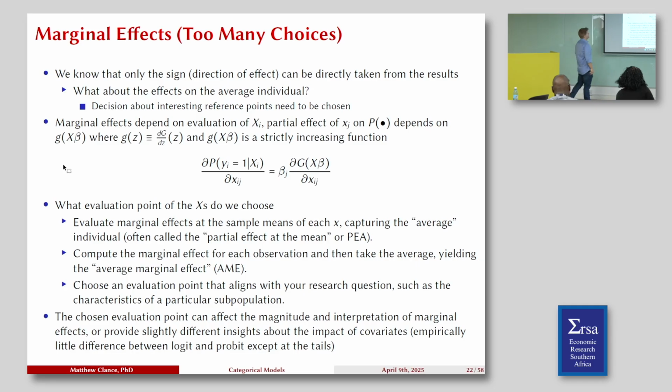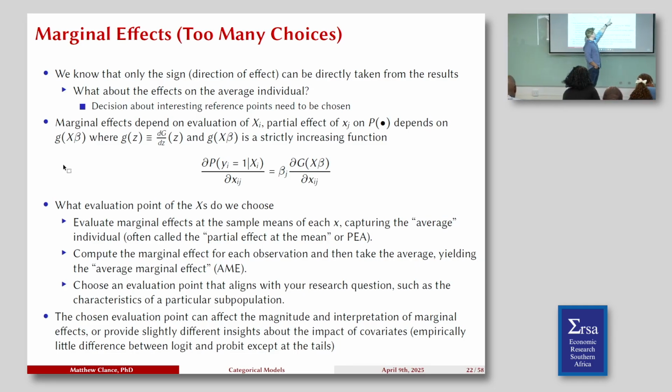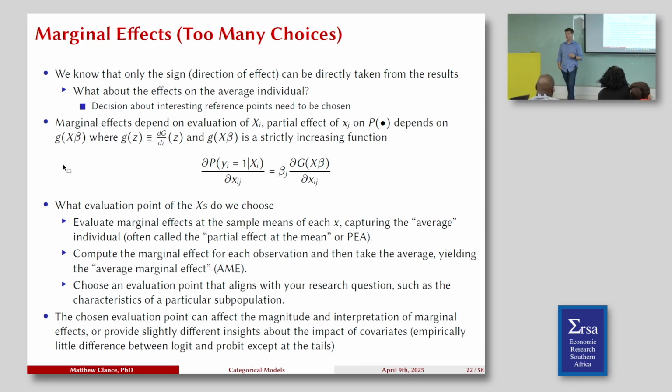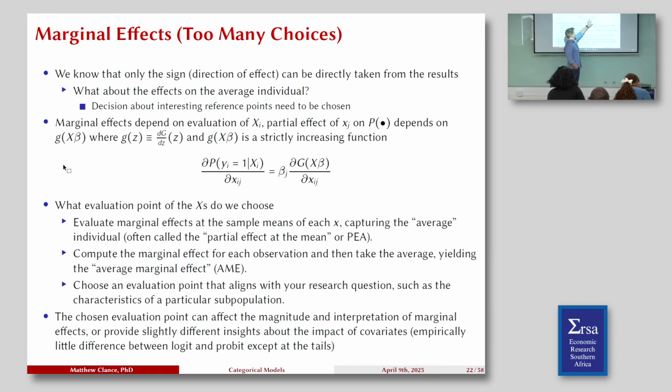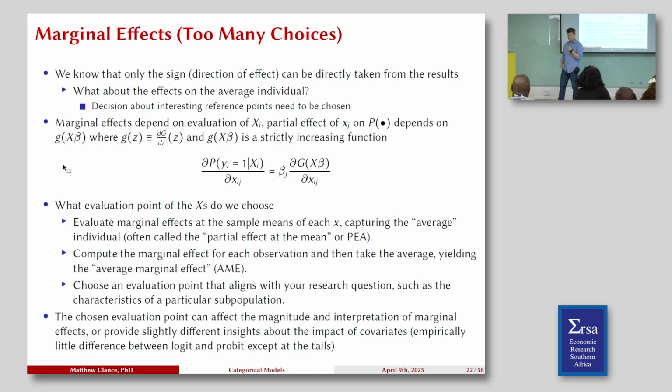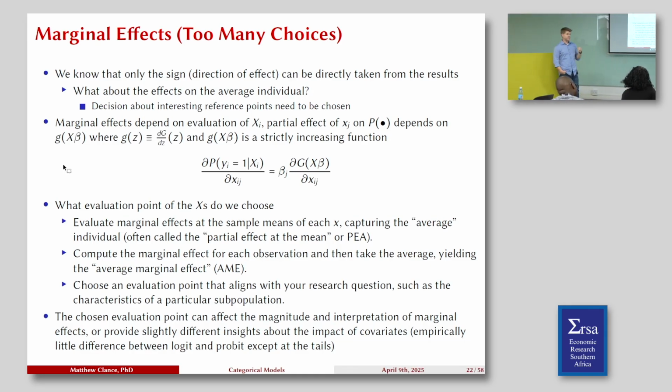And in that case, everything that goes inside of this function is going to be important. We have to evaluate it, but we have to choose the evaluation point. Once we have that, when we take the derivative of that probability, it's going to be the coefficient on the variable of interest that we're looking at, if it's education, experience, or kids less than 6.